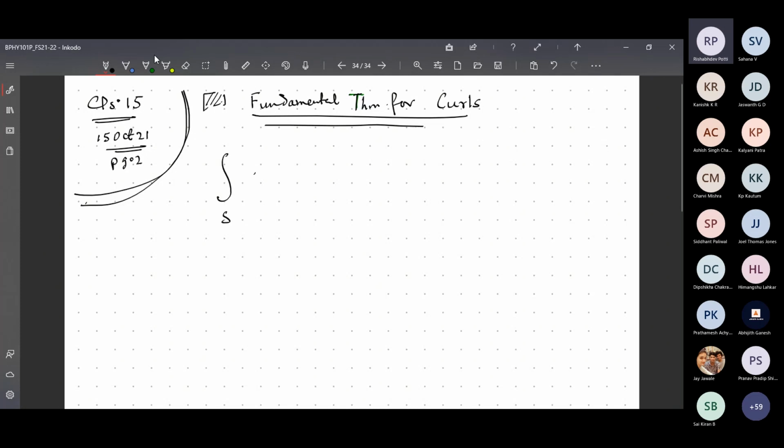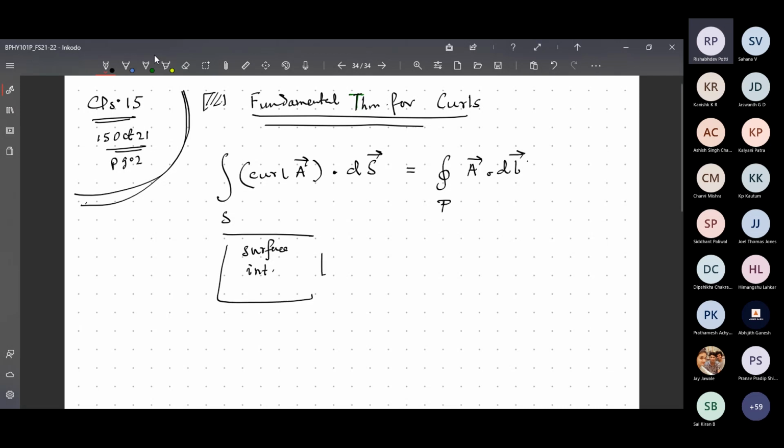Initially, it is a surface integral, dot... Let me note it down first. So the left hand side is a surface integral, and the right hand side is a line integral.